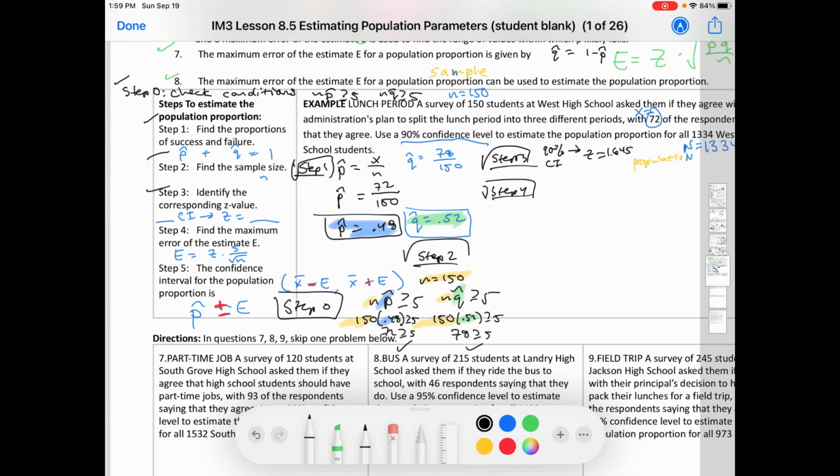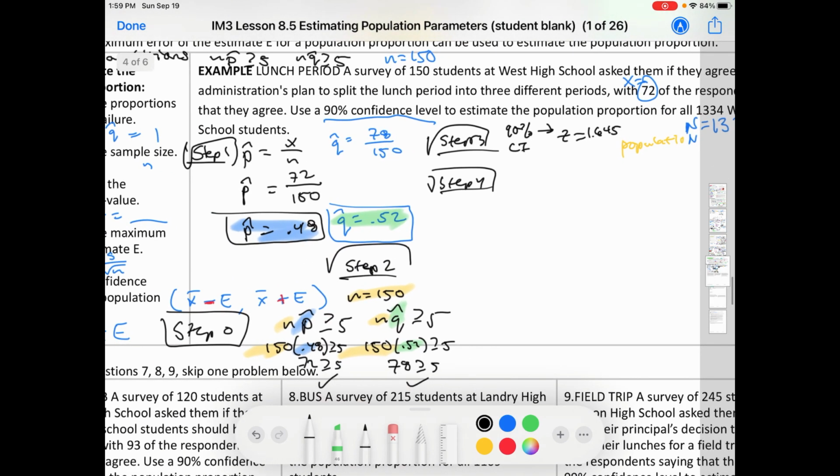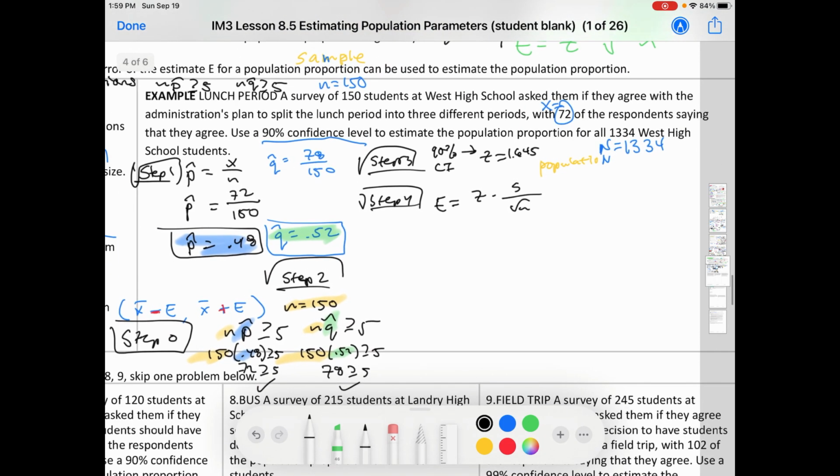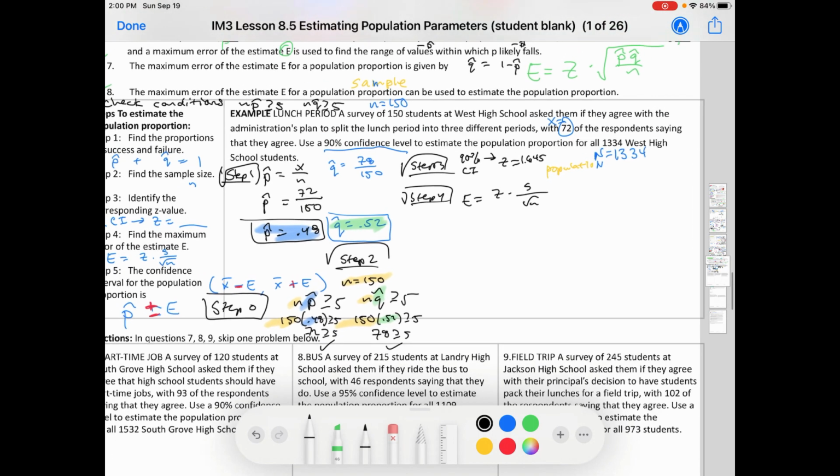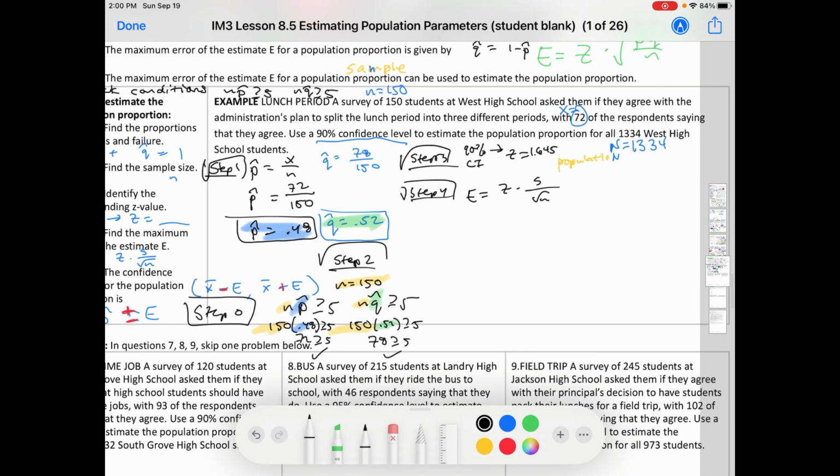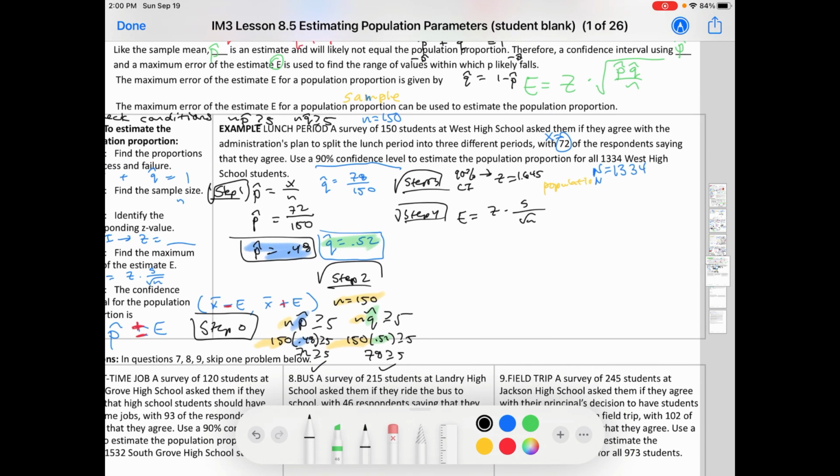Step 4, we are now finding the maximum error of estimate. So E equals Z times s over square root of n. Okay, well, I want us to notice that the formula we had above, I don't have an s.